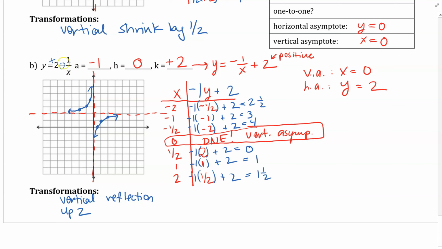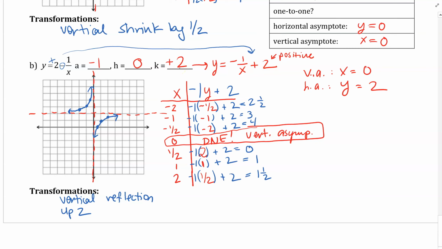So it's better to write it in AHK form. Put the fraction first and the number second, and then we can see, oh, wait a minute, a is negative. It's -1. H is 0 because nothing is in the denominator adding or subtracting to x. K is positive. It's adding 2, so k is positive 2.